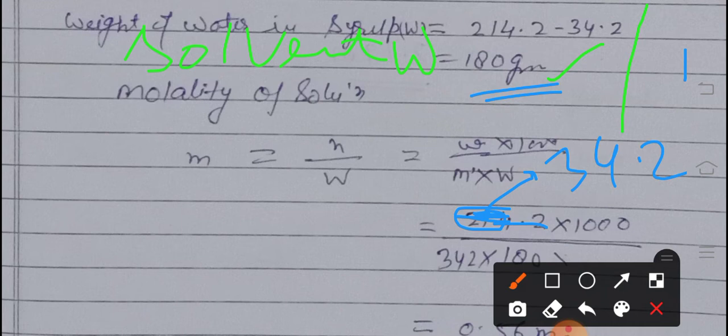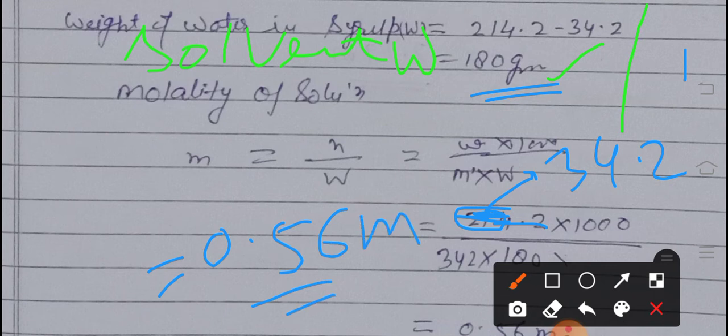On solving this we got molality equal to 0.56.